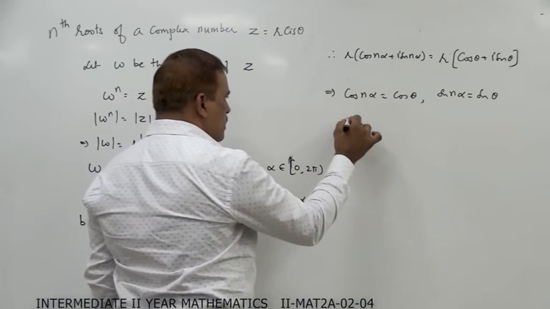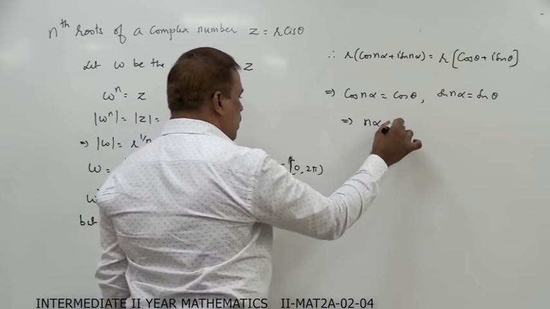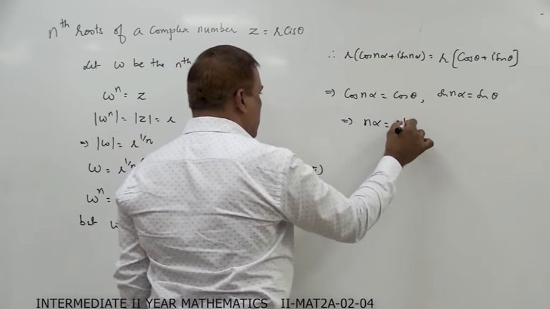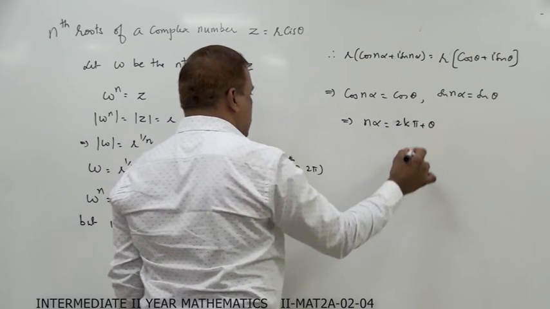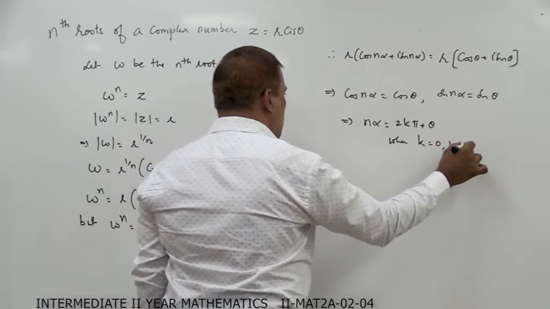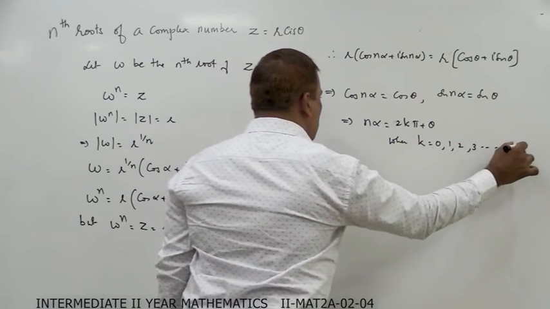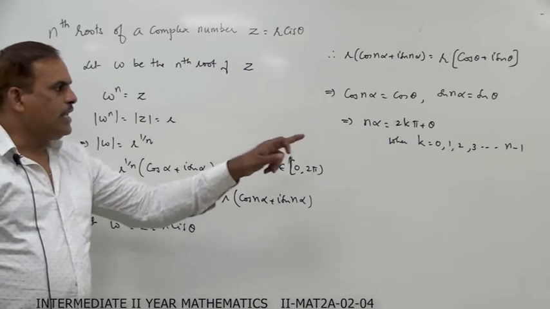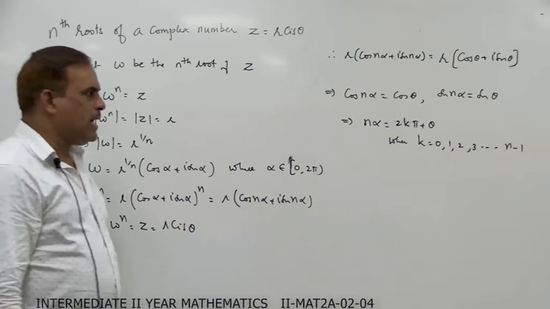This gives n alpha is equal to 2kπ plus theta, where k is equal to 0, 1, 2, 3 and so on up to n minus 1.